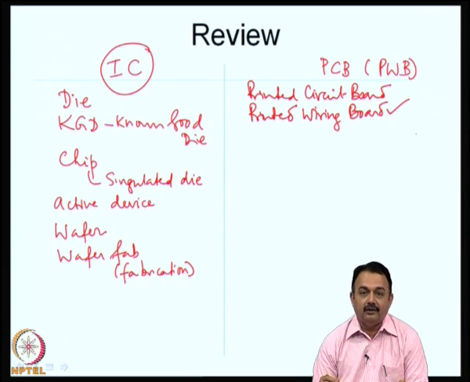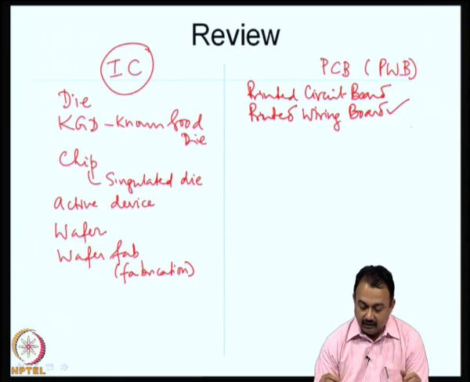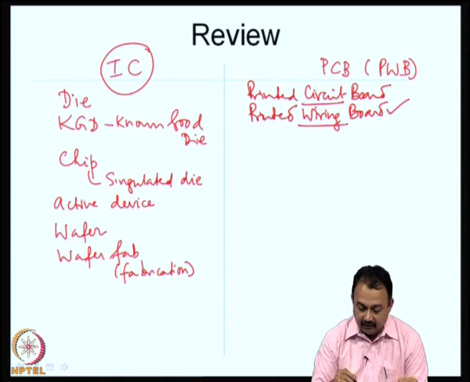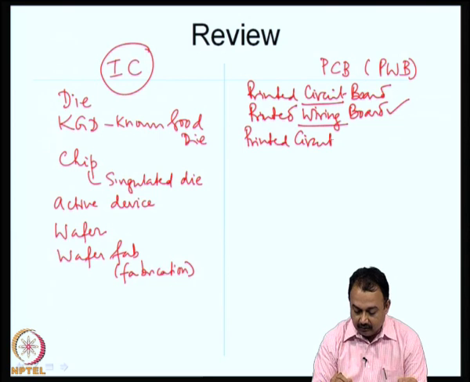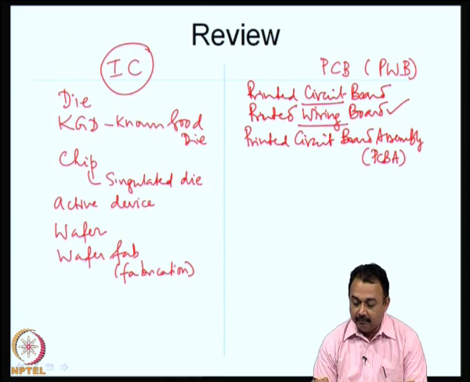So, at that stage of the system, that is the second level packaged product, it is called a wiring board. Now, the printed circuit board terminology is used normally when the printed wiring board is stuffed with components and interconnected or soldered. So, it is basically an assembly. So, you might also hear the term called printed circuit board assembly, PCBA. This is also used in common parlance.